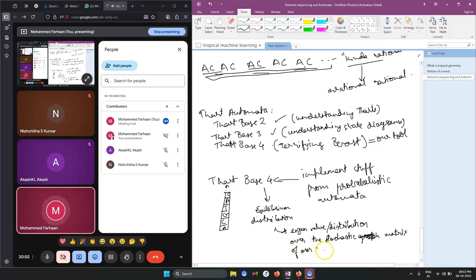I put it in quotes because it's technically not a Markov chain.